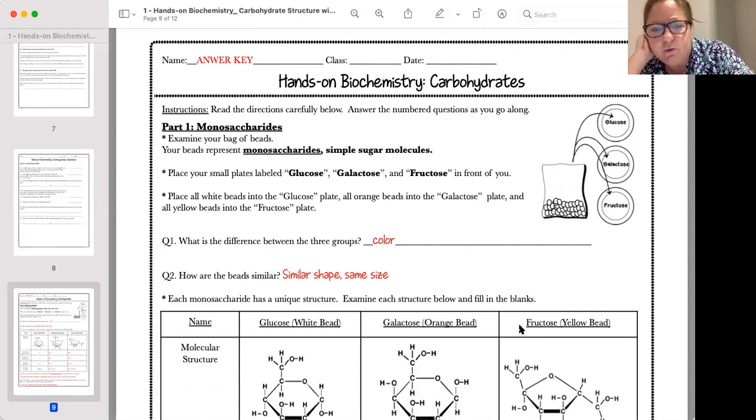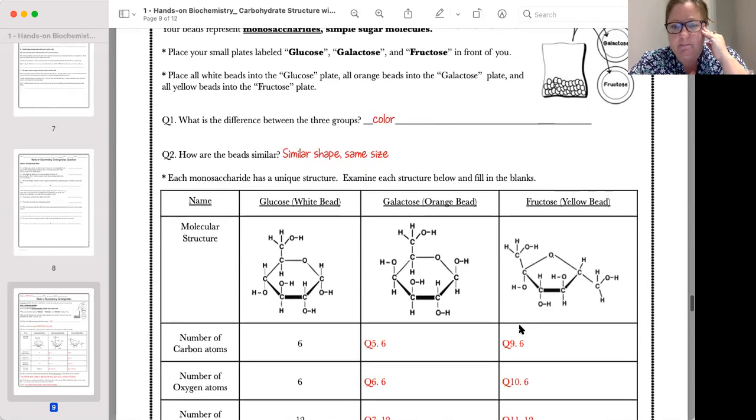So if you want to know what is the difference between the three groups, well, the glucose beads were white, the fructose beads were clear, and the galactose beads were pink. And so the color was different, but the shape of the beads were the same.